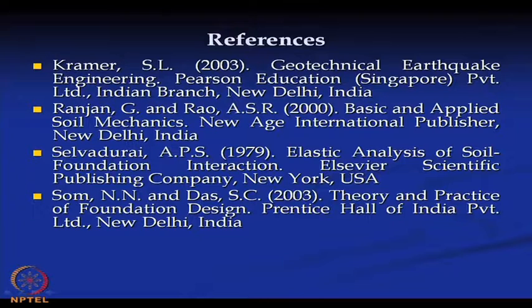And then Selvadurai, Elastic Analysis of Soil Foundation Interaction, 1979, that is the reference book for the soil foundation interaction part. Then Som and Das 2003, Theory and Practice of Foundation Engineering. So, these are the reference books which will be followed in these lectures.